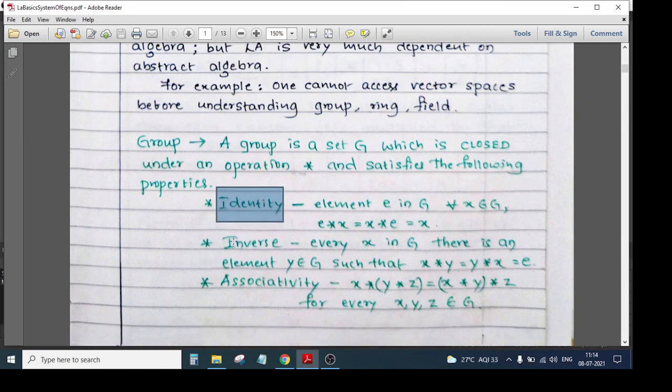Similar to this, we have an inverse property. Again, in the inverse property, we will be choosing variables, but here we require two elements.